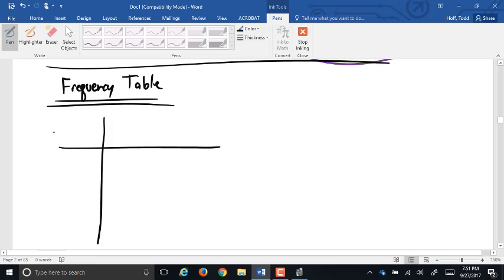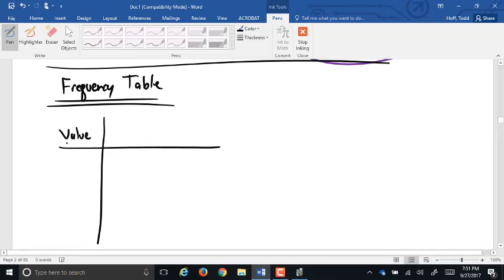This can only be done with numerical data. It's much easier with discrete. It can be done with continuous data. I'm not going to do that to you. In fact, the discrete data would be an extra credit question on a test. But I'm going to show it to you.